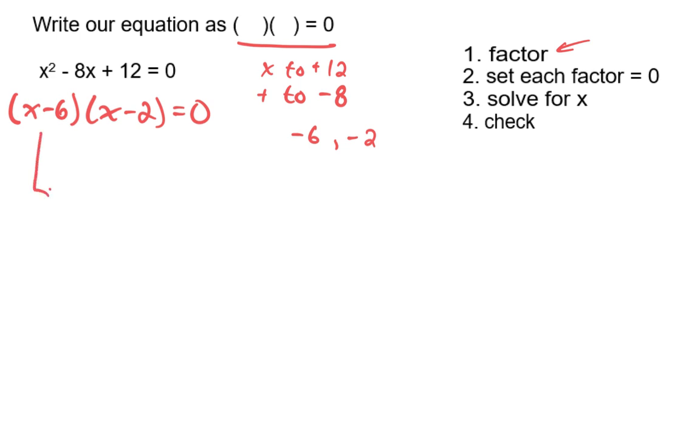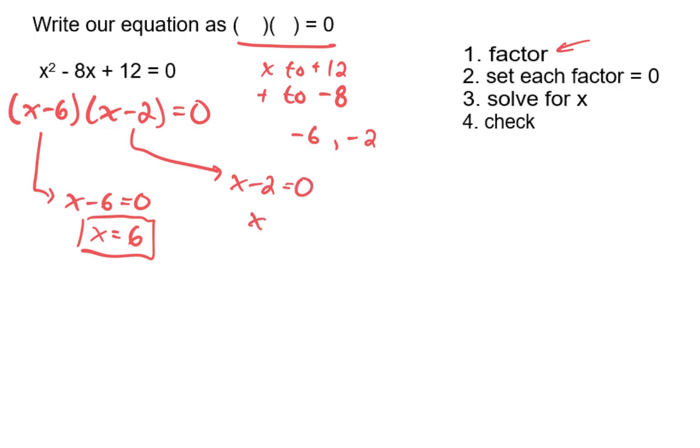We take each one of these factors here, and we think of it as its own little mini equation that we can solve. Our solution here is going to be x equals 6. Our solution here, x minus 2 is equal to 0, is going to be x equals positive 2. So we set each of these factors equal to 0, and then we solve these little linear equations for x.